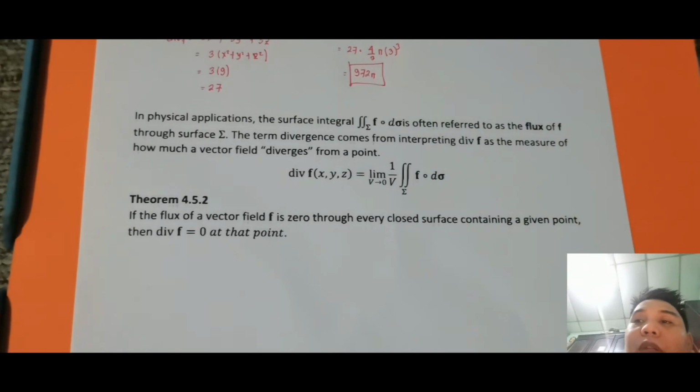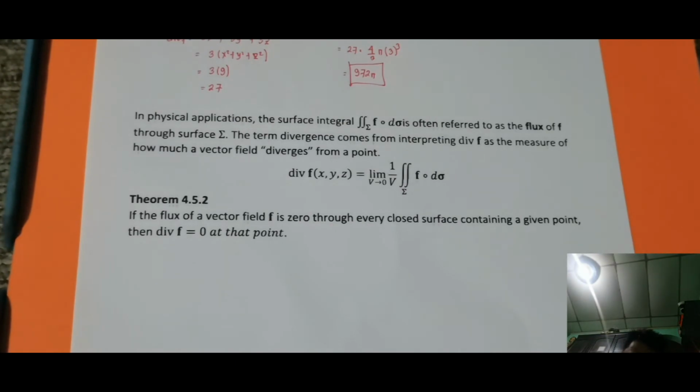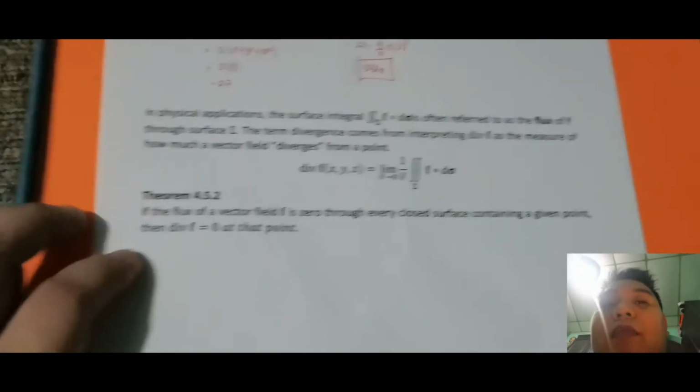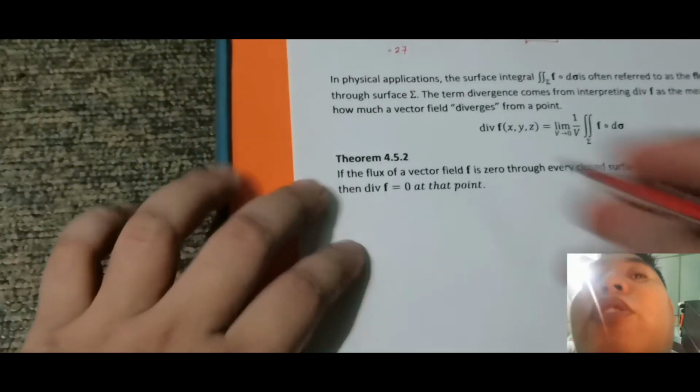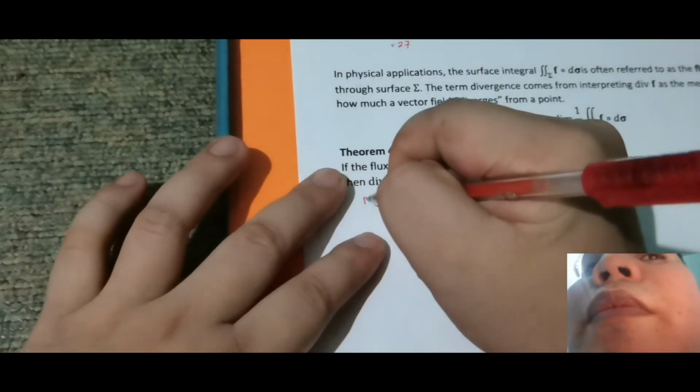So by formula 4.3.33. So ano ba yung formula ng 4.3.33? Ayun. So ito yung proof natin.